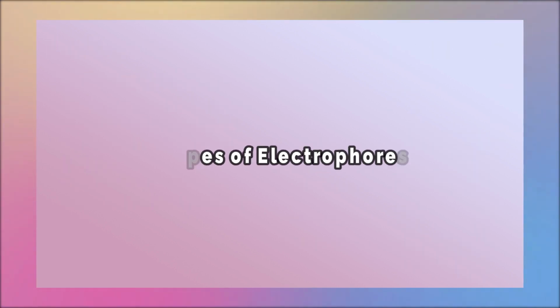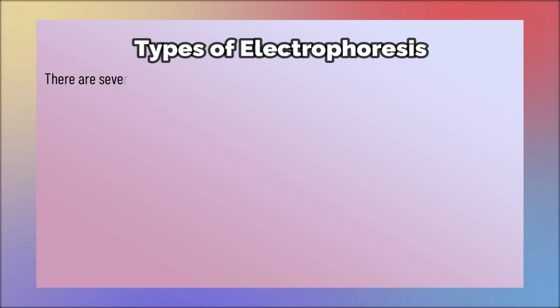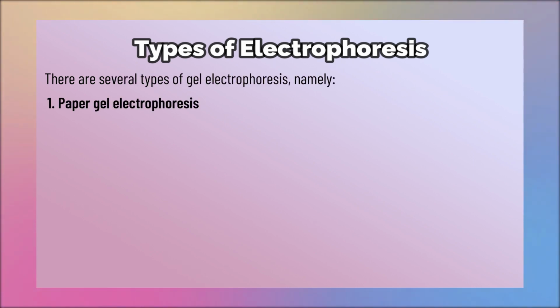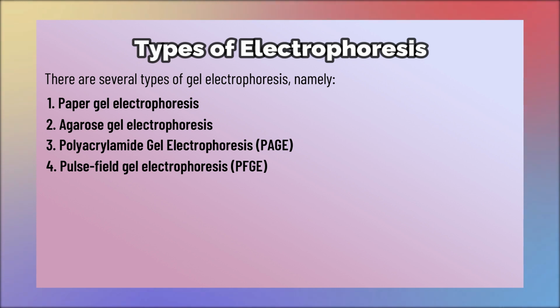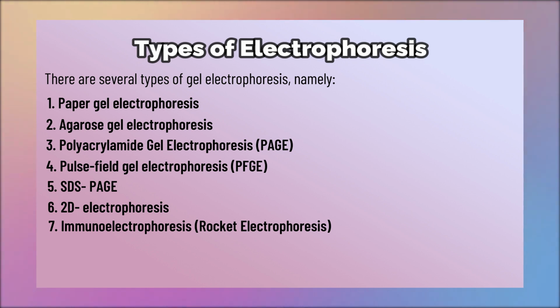The types of gel electrophoresis. There are several types of gel electrophoresis, which are: number 1, paper gel electrophoresis; number 2, agarose gel electrophoresis; number 3, polyacrylamide gel electrophoresis; number 4, pulsed field gel electrophoresis; number 5, SDS-PAGE; number 6, 2D electrophoresis; 7, immunoelectrophoresis, rocket electrophoresis. Lastly, difference gel electrophoresis.